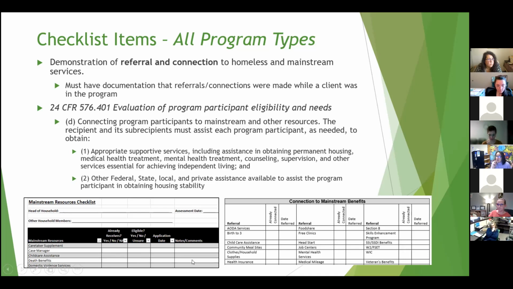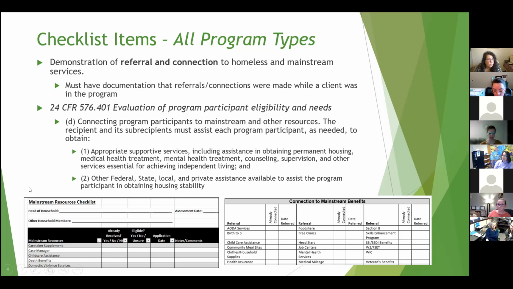This isn't saying that it needs to be a formal referral that you follow up on. It could just be that you referred them to this agency, or you provided them with the information on it. That's what it's asking about. There are some cases where the client already receives everything they're eligible for, in which case you could put that on the form.